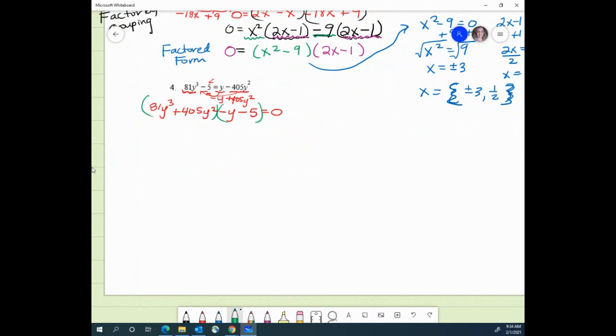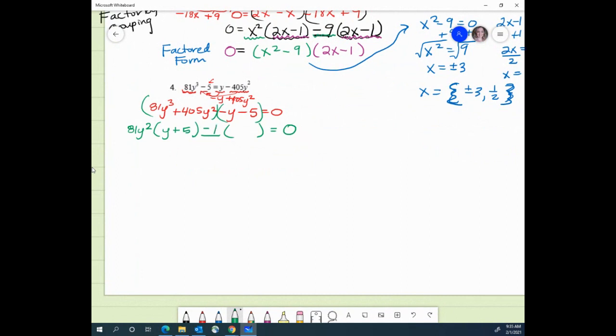And so let's take out from this first group, they have 81y squared in common. And that's going to leave me with a y plus 5. So I need to take something out here so that my second set of parentheses is going to be the same.